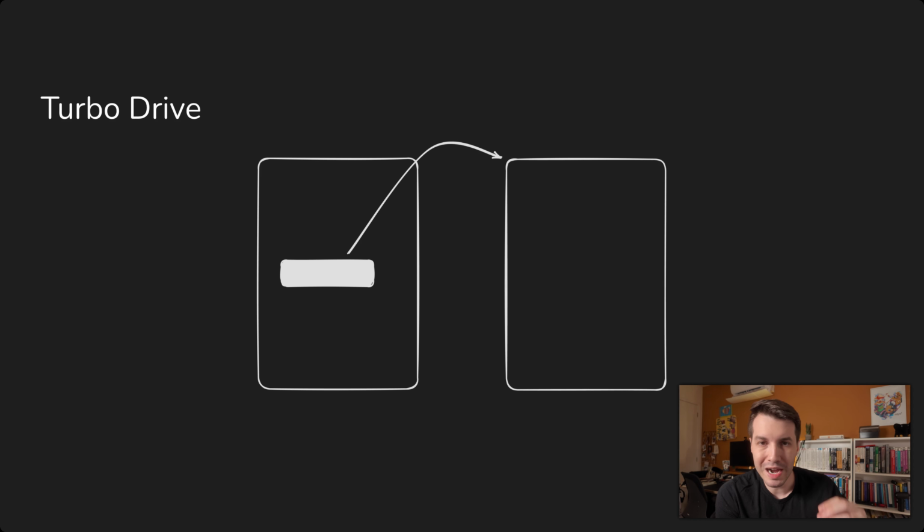Turbo Drive will hijack any link click and form submissions that happen in the page, and instead of letting the browser handle that automatically, it will convert that into fetch requests. So it will turn links and forms into JavaScript fetch requests.